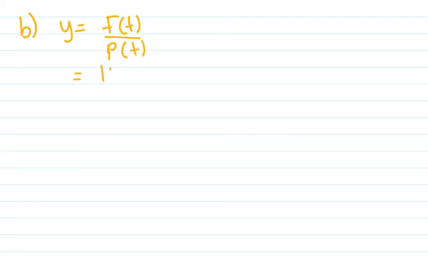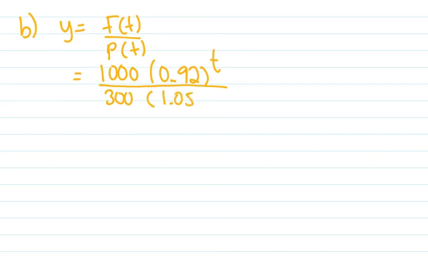So equals 1,000 times 0.92 to the power of t divided by 300 times 1.05 to the power of t, equals 1,000 divided by 300 can be simplified to 10 over 3 times 0.92 over 1.05 to the power of t.